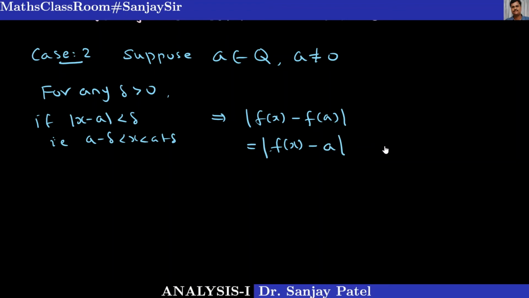Why? Because the function's definition says f(x) is equal to x if x is a rational number, and here we have taken a as a rational number not equal to 0.